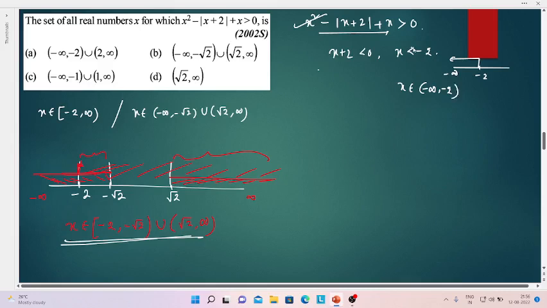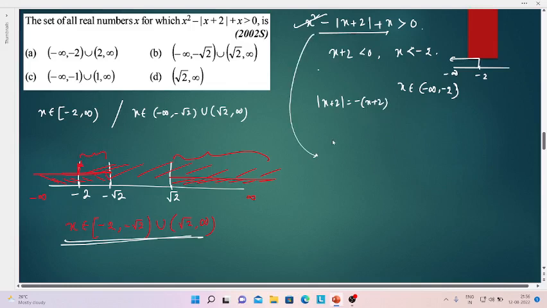Since it is strictly less than, we take the open interval here. If x plus 2 is negative, then mod of x plus 2 breaks into minus of x plus 2.